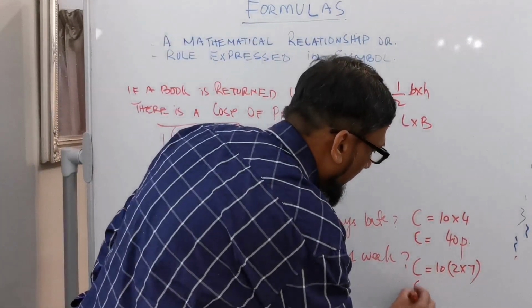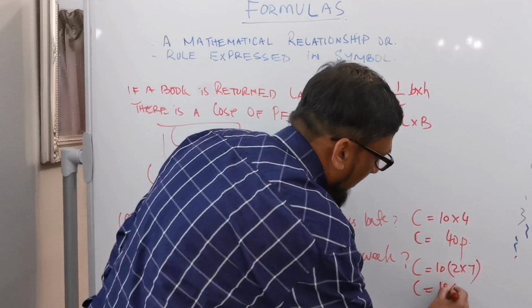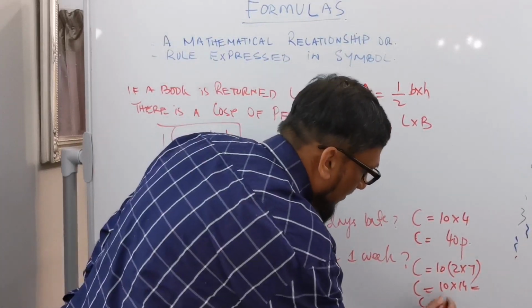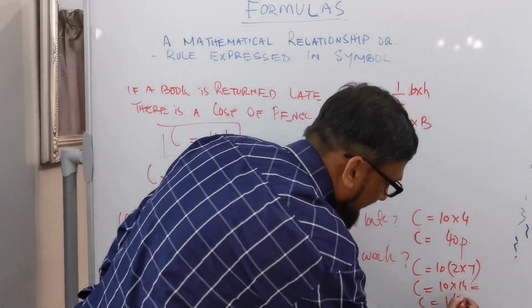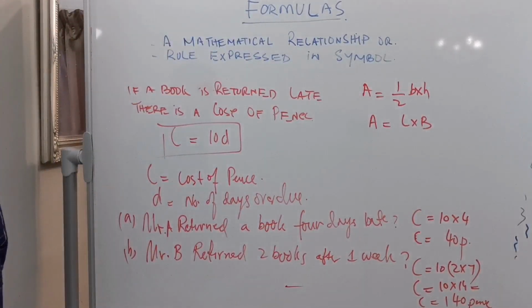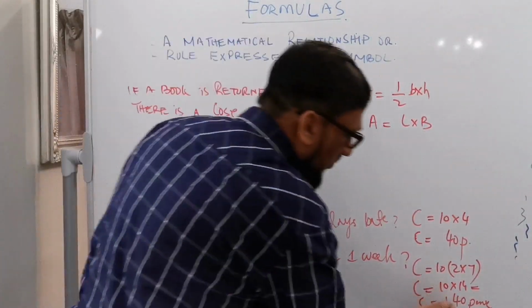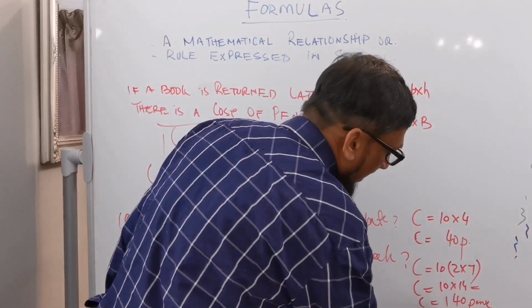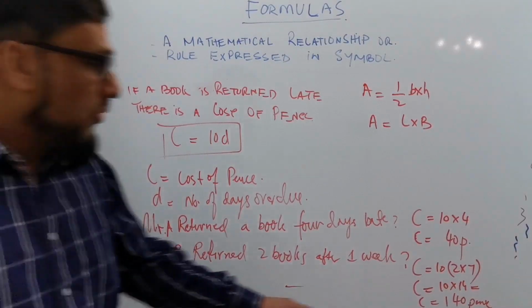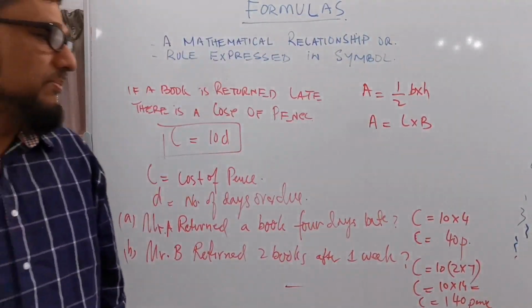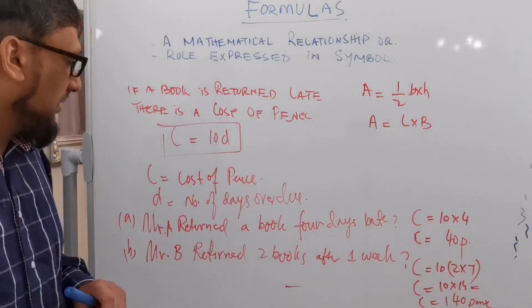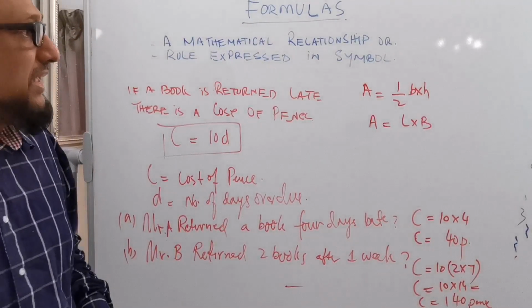So it means 10 times 14, which is 140 pence, which is £1 and 40 pence. So the overdue charge is £1 and 40 pence. This is the example for part B.